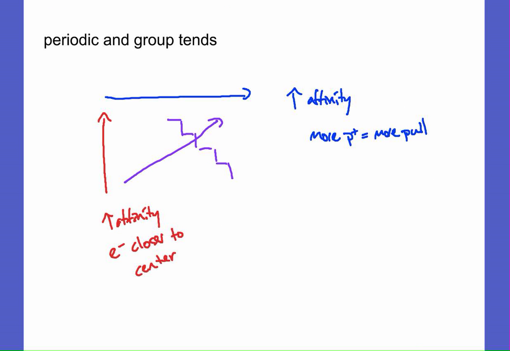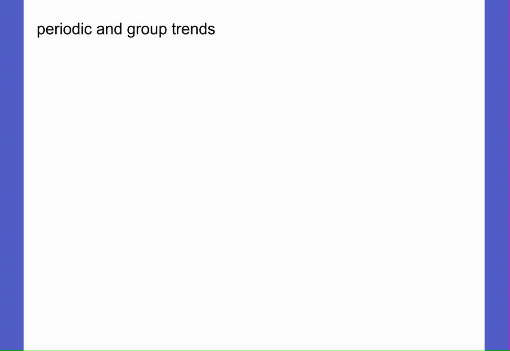If I go back to electron affinity, as I go up and to the right, my affinities are the greatest. I'm going to have the exact same trend in this case: as I go up and to the right, I have higher electronegativities. It's for the same reasons as before.